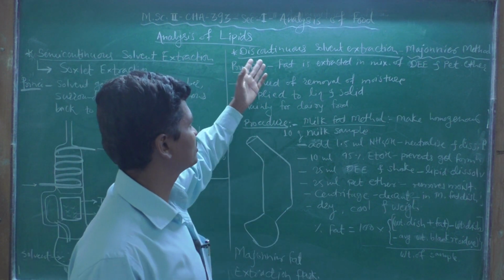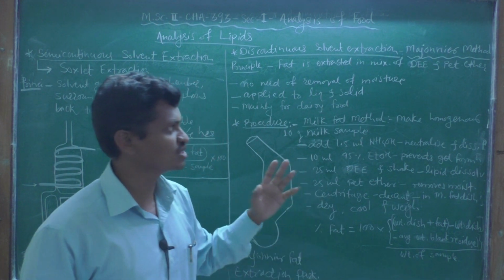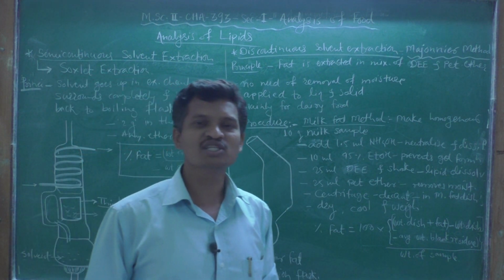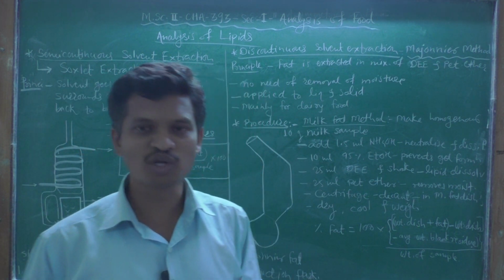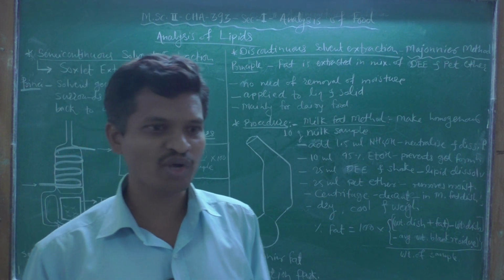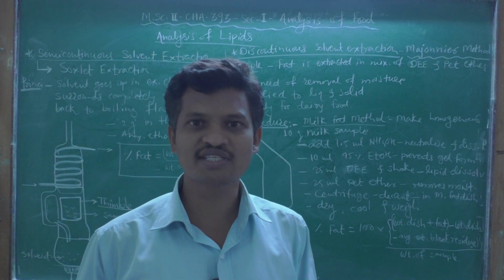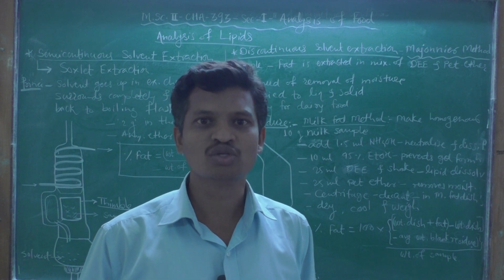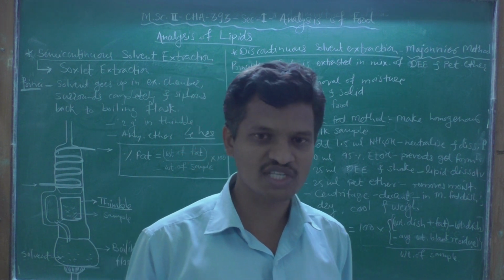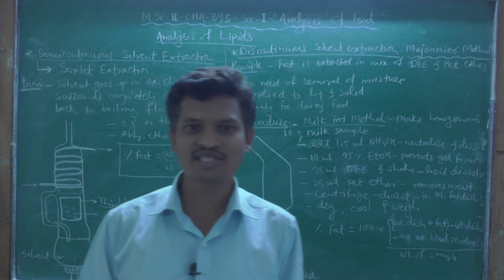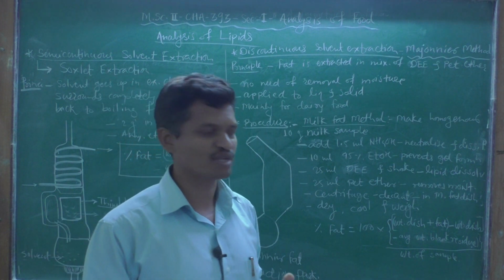But the benefit of this discontinuous method, Mojonnier's method, is that there is no need to remove the moisture from the sample. If water is present in the sample, it is still allowed to be analyzed to determine the fat content in the food sample.